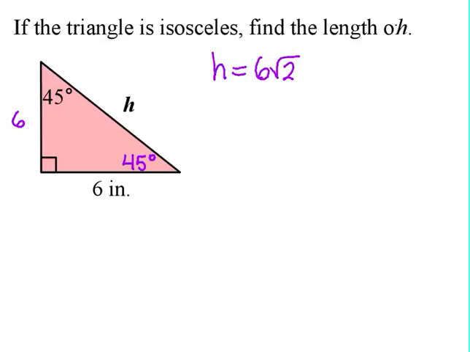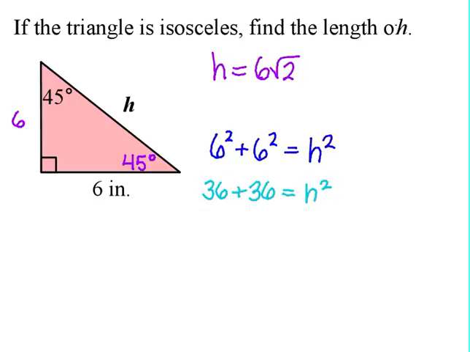But once again, you get to a test and you panic. And you're like, crud, I don't remember. So easily, we can do the Pythagorean theorem. 6 squared plus 6 squared equals h squared. So if you forget, that's still okay. So 6 squared is 36.